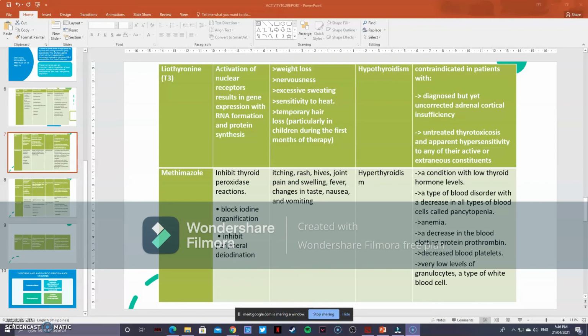The indication is hyperthyroidism. It is contraindicated with individuals who have low thyroid hormone levels, a type of blood disorder with a decrease in all types of blood cells called pancytopenia, anemia, a decrease in the blood clotting protein prothrombin, decreased blood platelets, and very low levels of granulocytes, a type of white blood cells.